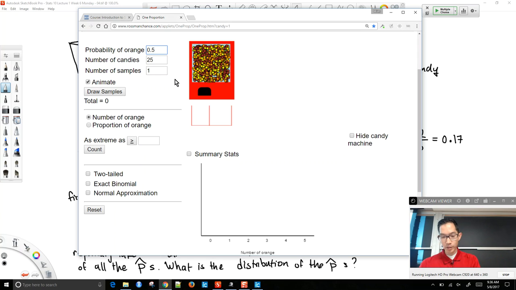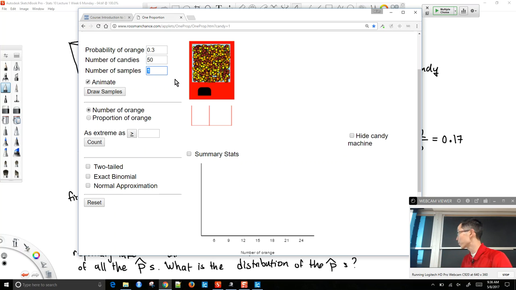And so let's say we're going to specify 30% of our candies are orange, and we're going to take scoops of 50. And we're going to keep track of the different proportions that we'll see. So I'm going to just do one. This is like our big tub of Reese's Pieces candies. If it's orange, it's going to put it over here, and if it's yellow or brown, it's going to put it over here.